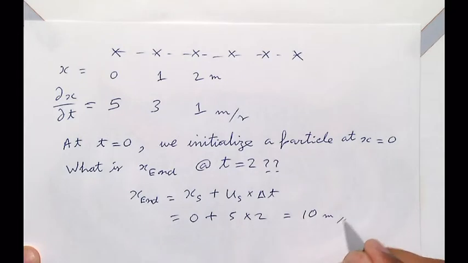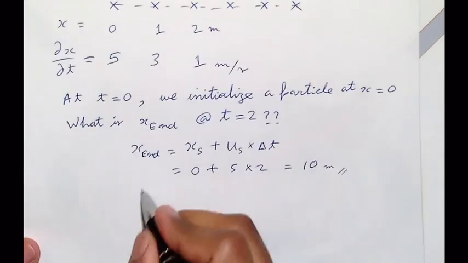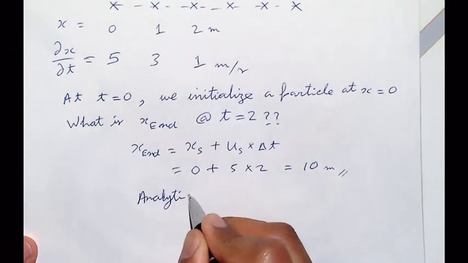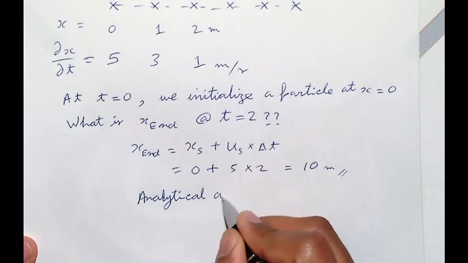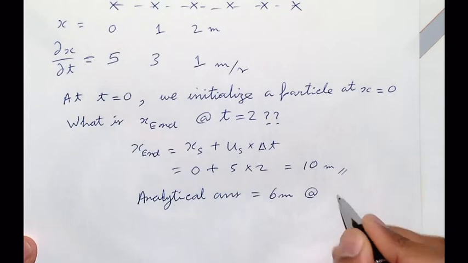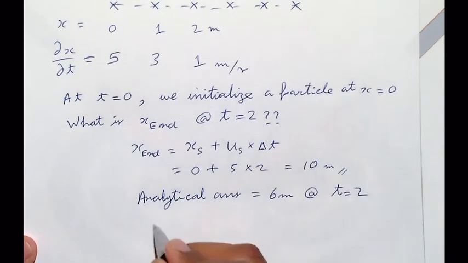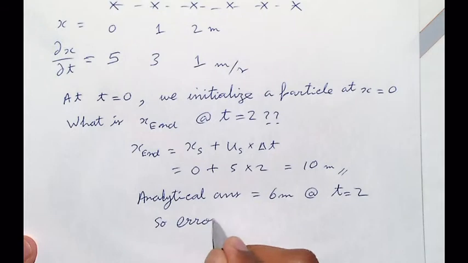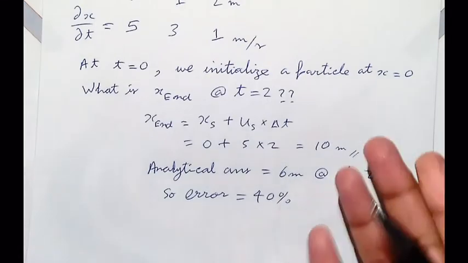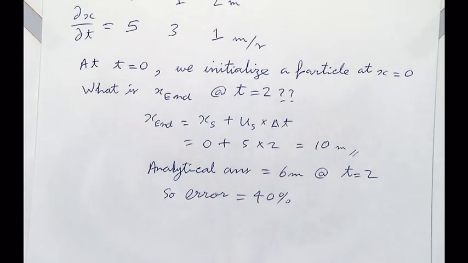We know the analytical answer for this, from the example we were working through last time, is 6 meters. So the error is roughly 40%. This is a quick approximation, but a very crude one. We talked about the midpoint method and how that makes things better.